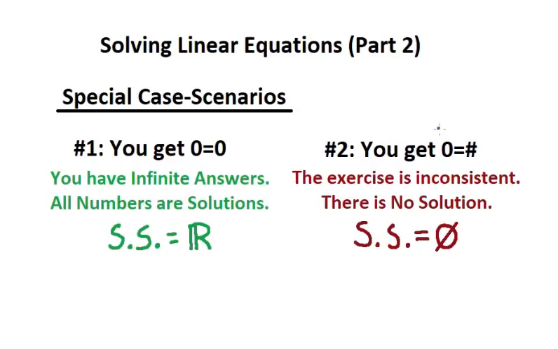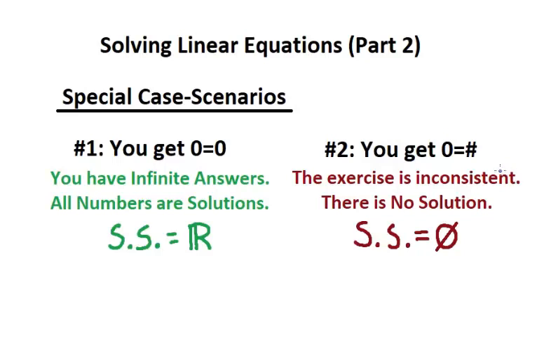The case scenario number 2 is if you get 0 equal but not 0. If you get 0 equals a different number, like 0 equals 3, for example, or 0 equals 4, or 0 equals minus 2, then that means there is no answer for that equation.